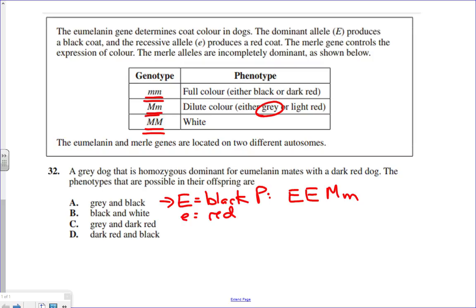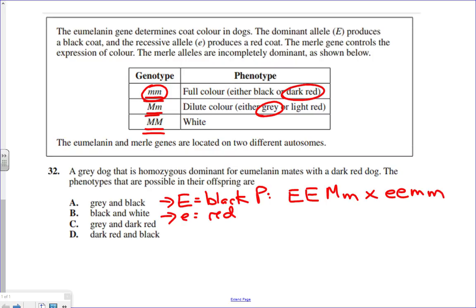It's not white, it's not black, it's gray. All right, and that is crossed with a dark red dog. So a dark red dog, dark red is right here, must have little m, little m, and to be red, it must have two of the recessive small e alleles. So we've got this situation.